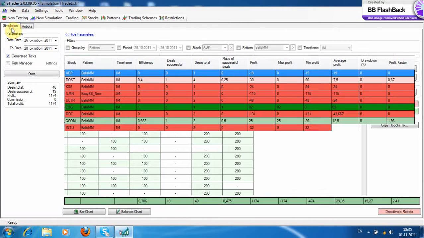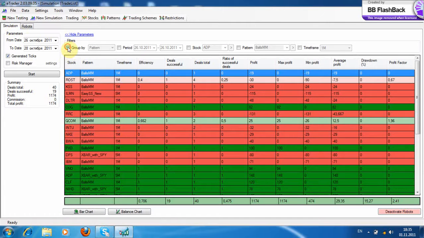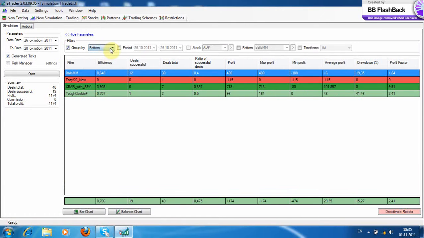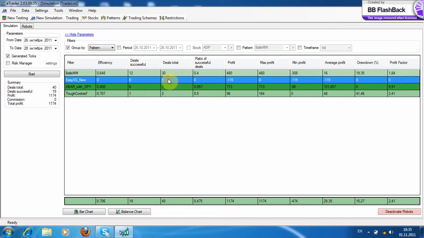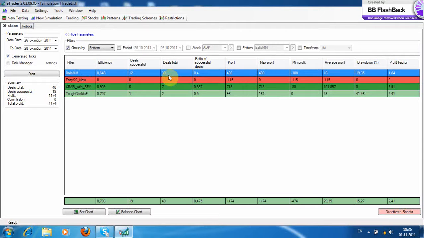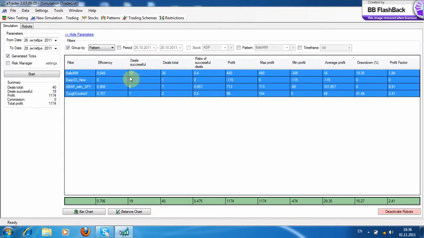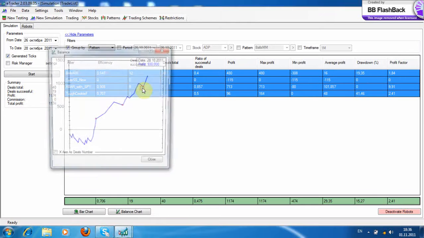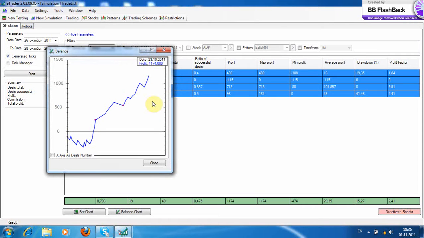Our simulation is done. We can group by pattern. The most successful was X bar. The pattern called balls also made money. And all in all, we made about 1174 trading on 100 shares lots.